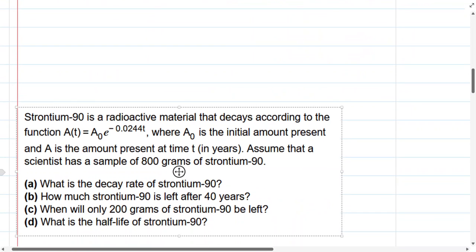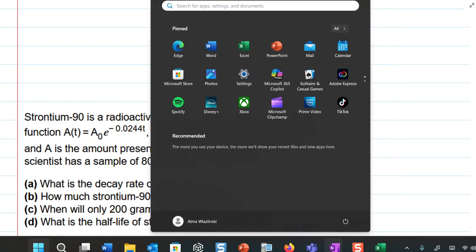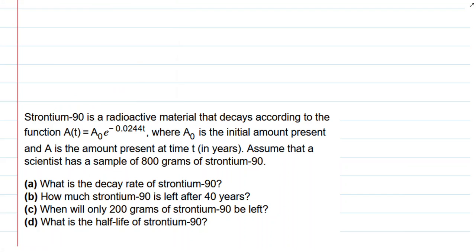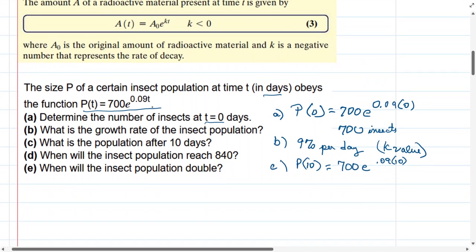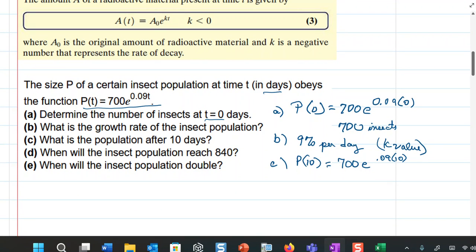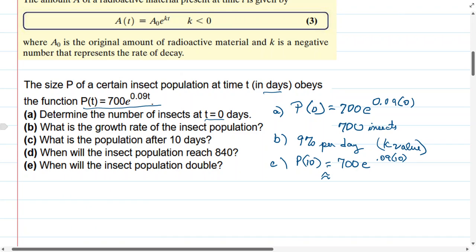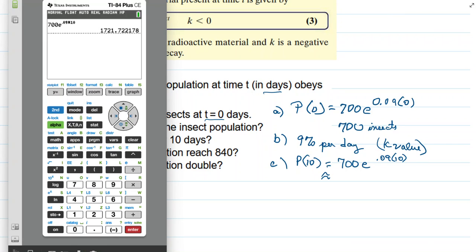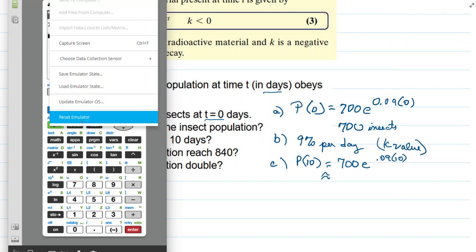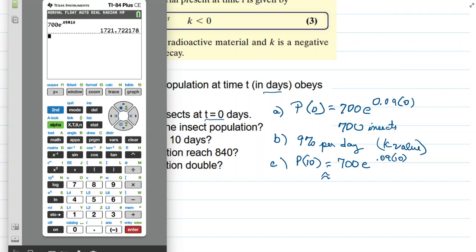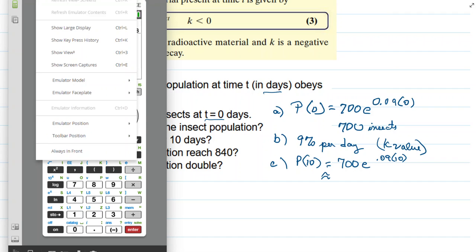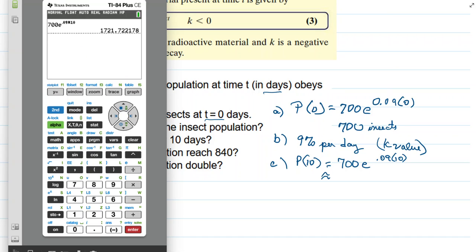And we don't have a part of an insect. I'm not sure if we use the rounding rules for this or use the whole number, but I would say we have approximately, after 10 days, 1722.